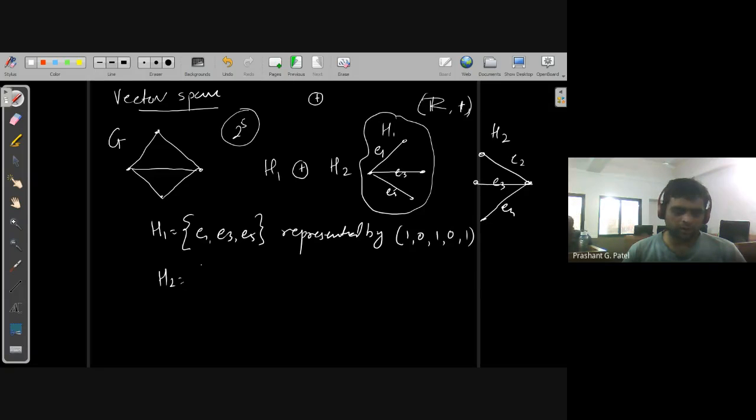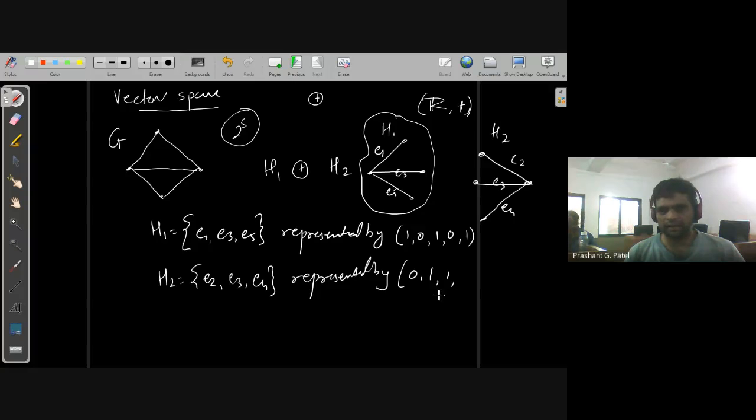And H2 is equal to E2, E3, E4, which is represented by 0, because E1 is not there, then E2 is there, E3 is there, E4 is there, and E5 is not there. So H2 is represented by this.